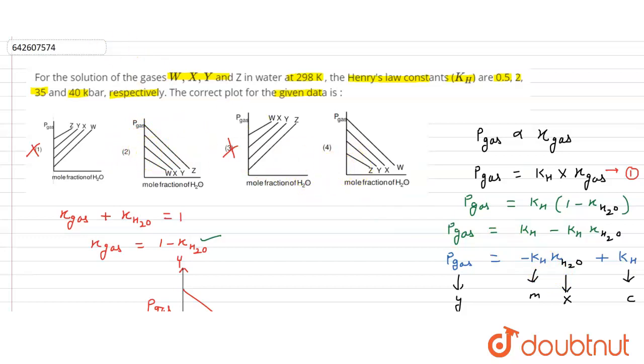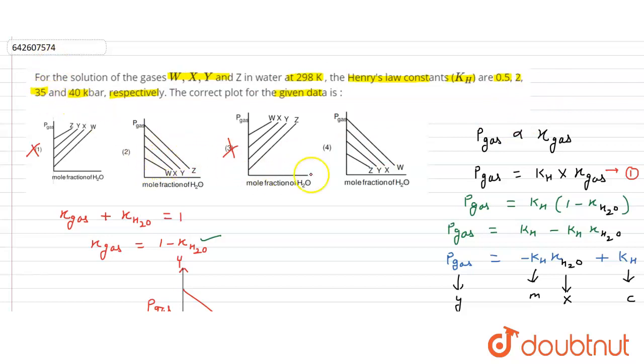The slope has a negative value; the more negative the slope, the more the partial pressure of the gas. Z has a very steep change as compared to W, and this graph belongs to the data 0.5, 2, 35 and 40.